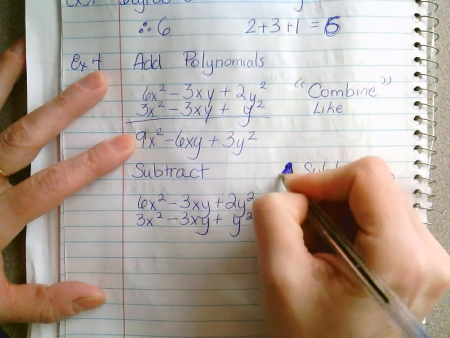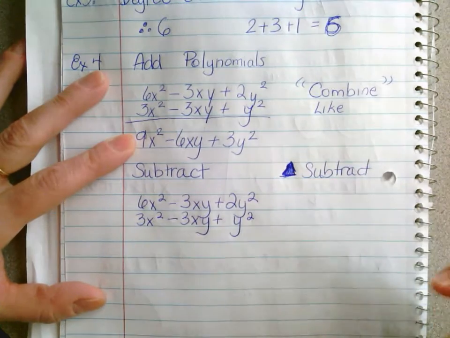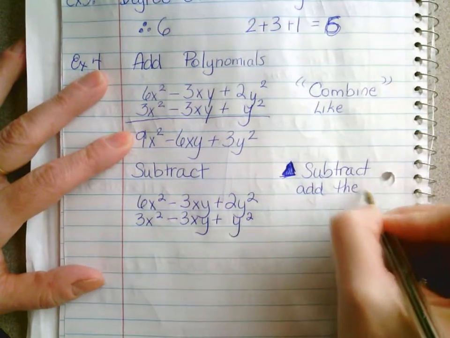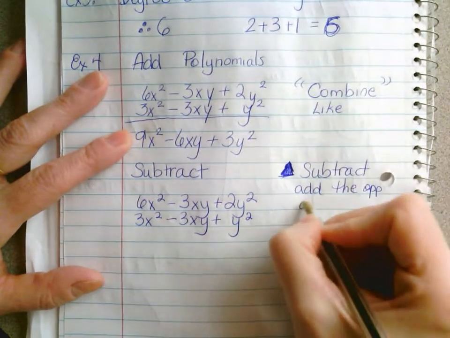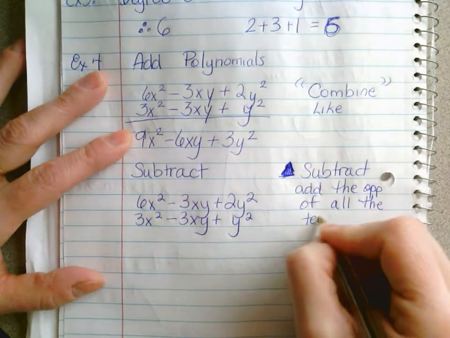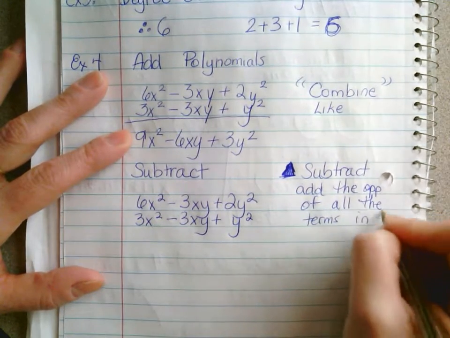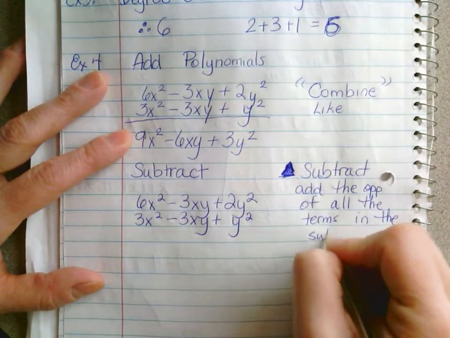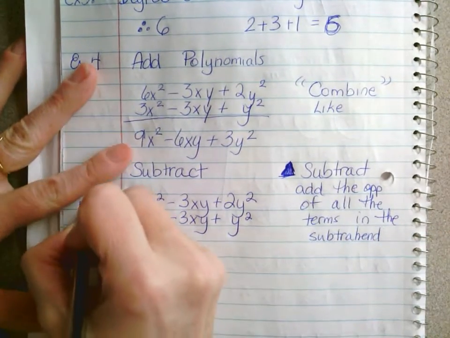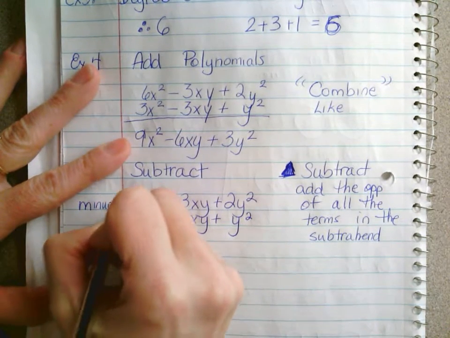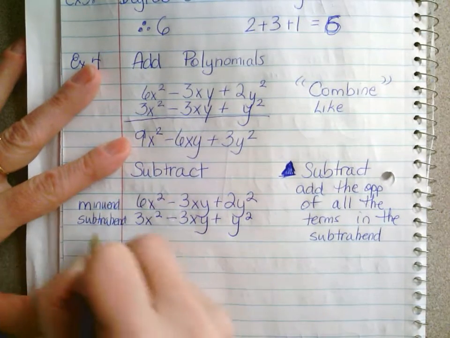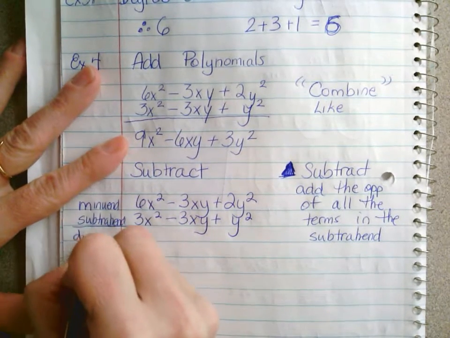And if you're not paying attention, I'm going to be writing this on your papers. Add the opposite of all the terms in the subtrahend. So this is the minuend. This is the subtrahend. And the result is the difference.